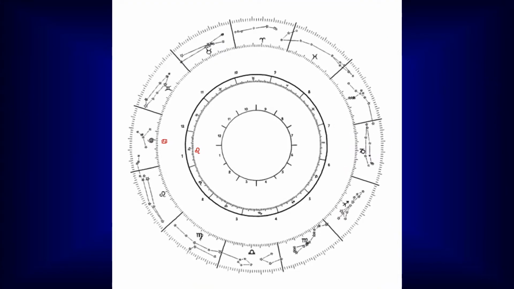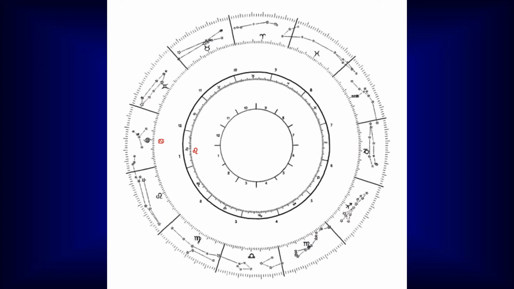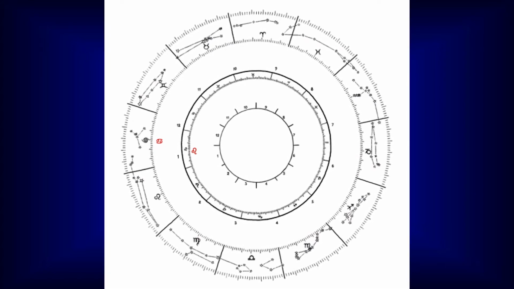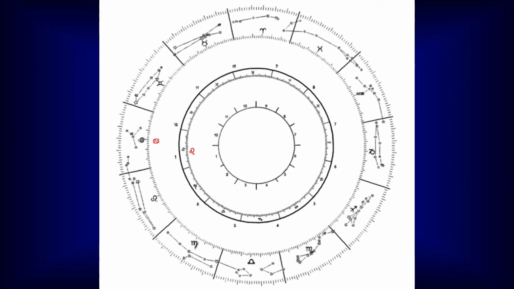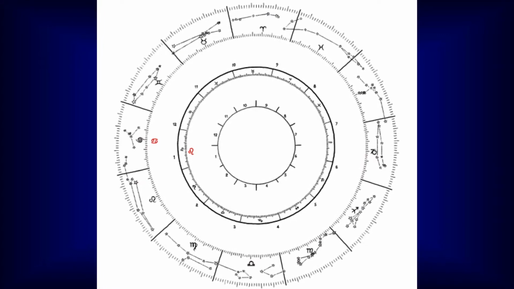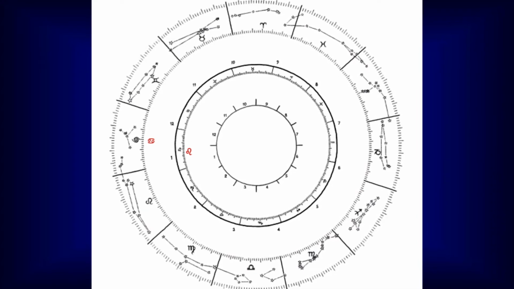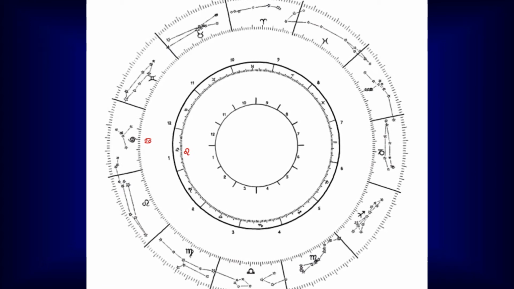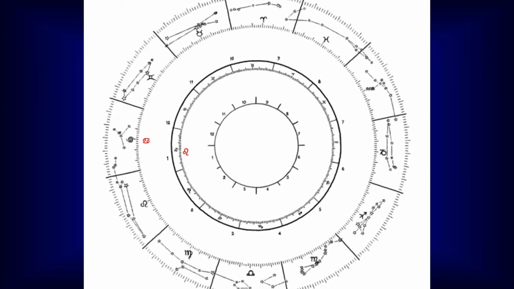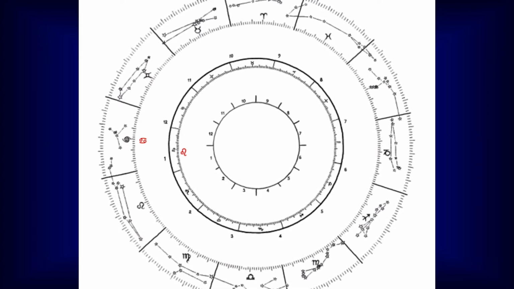What you see here is the tropical and the sidereal around each other. The middle ring is the tropical and the outer ring is the sidereal. And as you can see, the rising on the eastern side with the tropical is Leo and the outer is Cancer. And if you look closely, you can see that some of the constellations go over even 3 sections of 30 degrees.